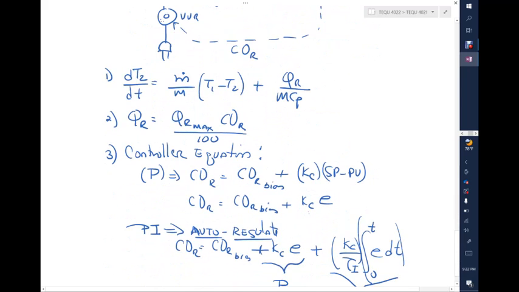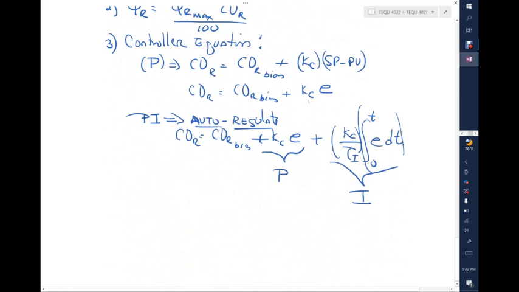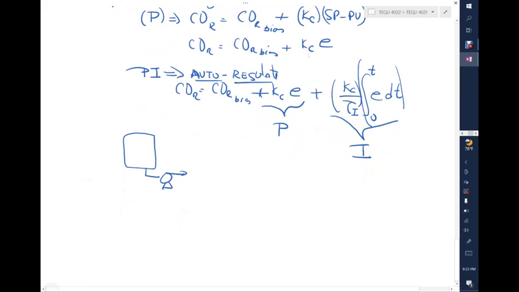Now, for a system that does not auto regulate, you are better off staying away from PI. You better use a proportional controller for systems that do not behave properly, like they don't have a steady state. A very good example for that is a vessel like this, with only a pump getting material out.